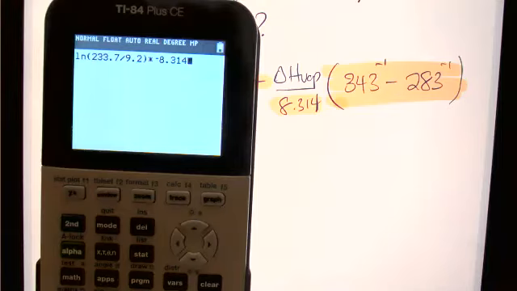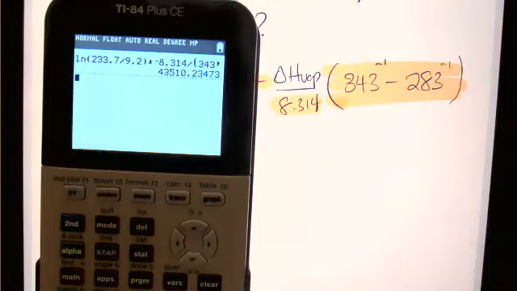And then divide by those brackets. So open brackets, 343 reciprocal minus 283 reciprocal, then close the bracket, equals.